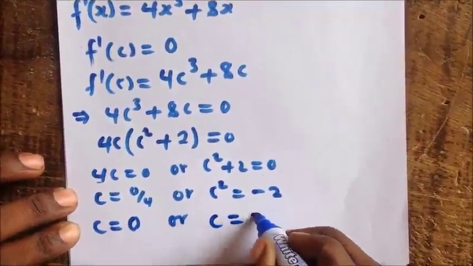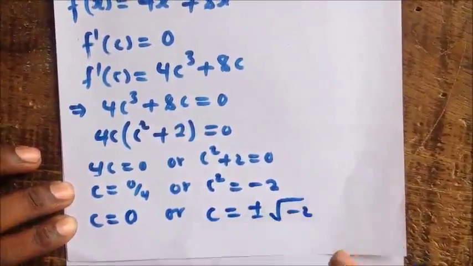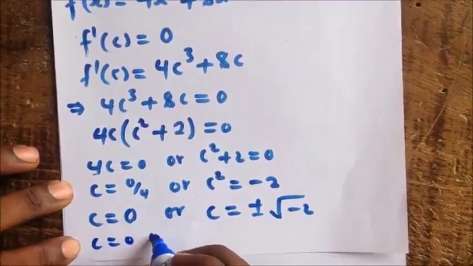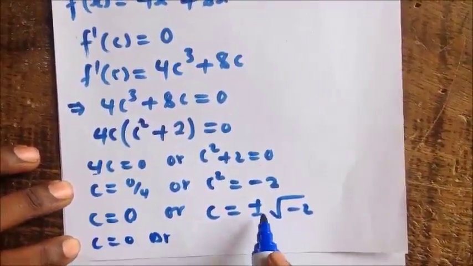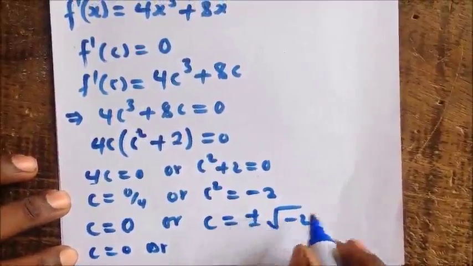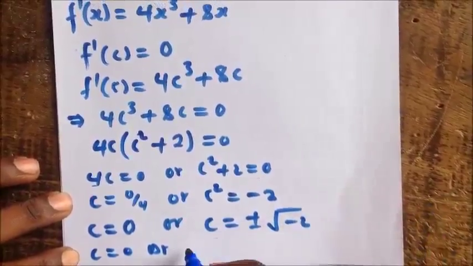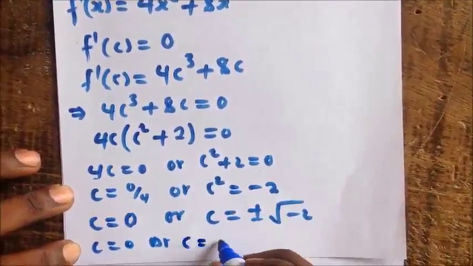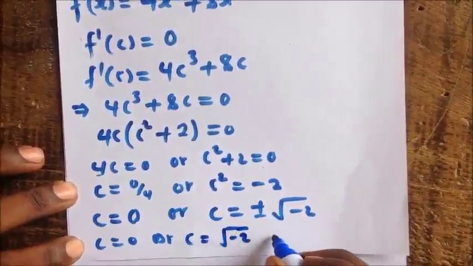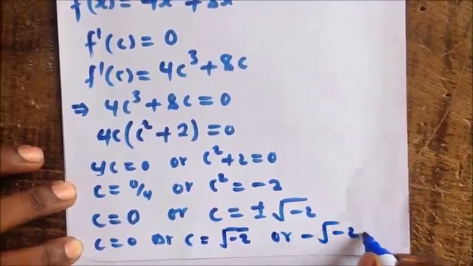C is equal to plus or minus square root of minus 2, because once you have a square root, it's either plus or minus. Therefore, our c is equal to 0, or this plus or minus is telling you that the values are 2, not 1. So either plus square root of minus 2 or minus square root of minus 2.